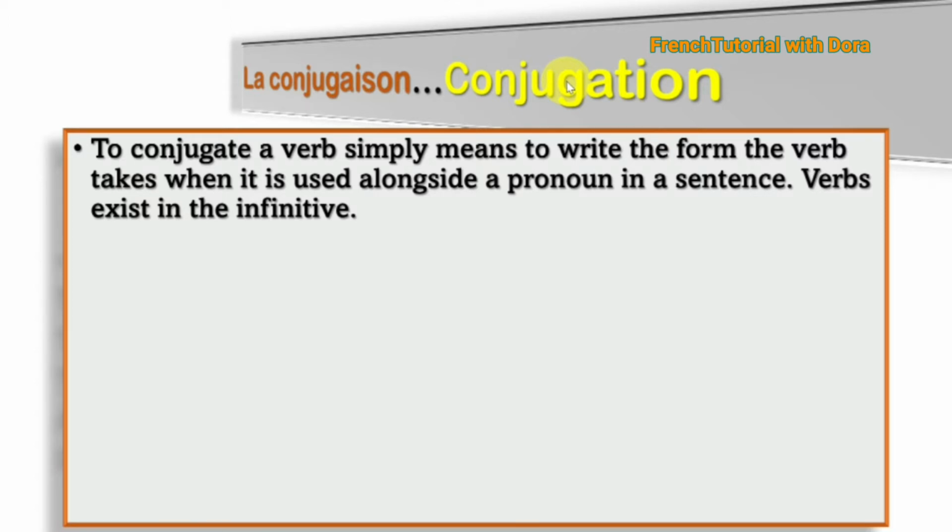The words you see in the dictionary are in their basic form, the form we call the infinitive form. And for you to use these verbs, you have to consider certain things before you'll be able to use them. You can't just take them from the dictionary and start using them in the sentence exactly the way they appear.